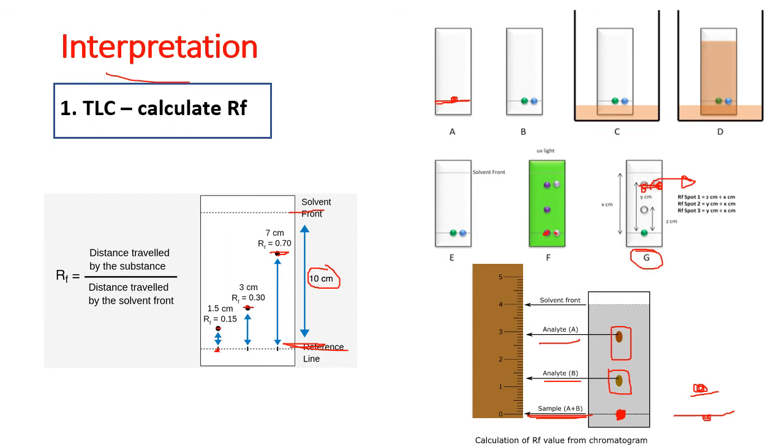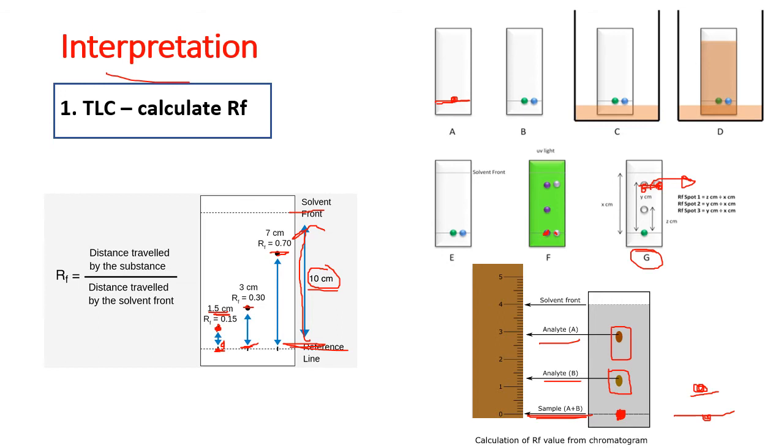And then, you will measure the distance between your sample on the reference line and the distance traveled by your sample. So if it is approximately 1.5 centimeters, then the RF would be 1.5 over 10: the distance traveled by your analyte over the total distance traveled by the solvent. Let's do the same for the second sample.